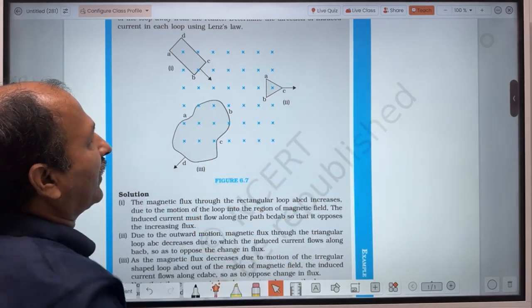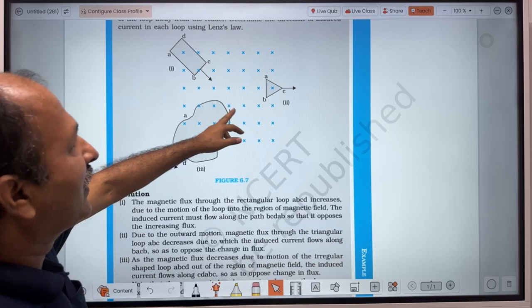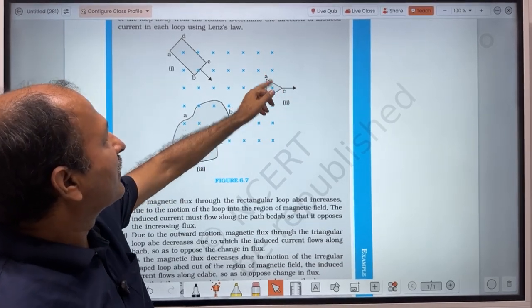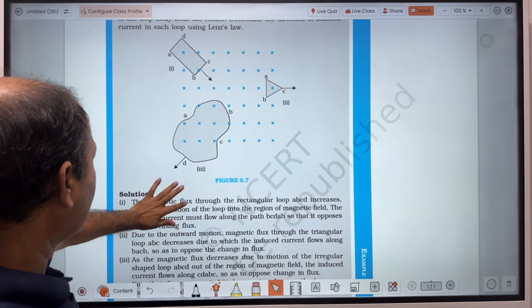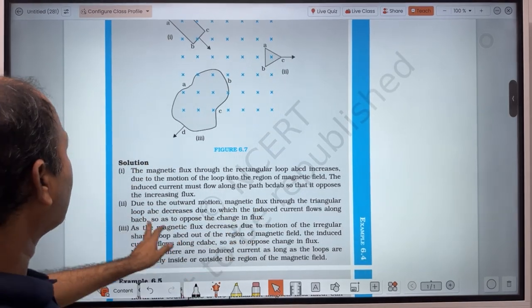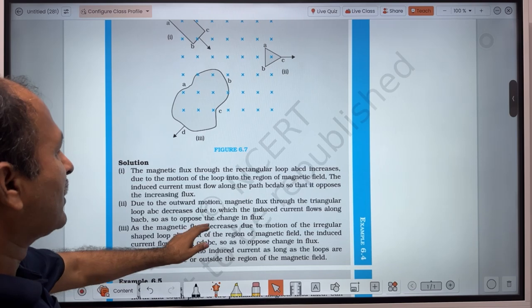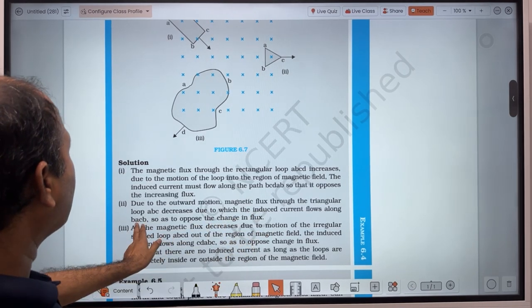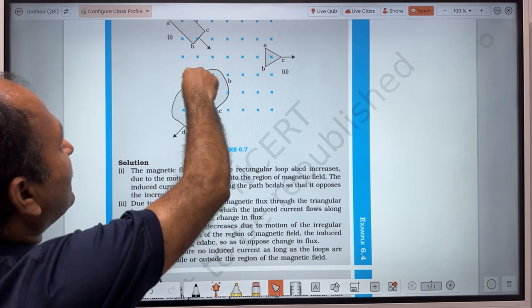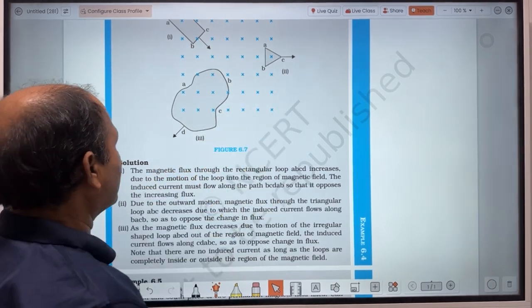Now it is taken away, then what will happen? Will the current be like BCAB or ACBA? So that thing we are going to see. Due to the outward motion, the magnetic flux through the triangular loop ABC decreases, due to which the induced current flows along BACB, right? Compared to the previous case, this is just opposite.